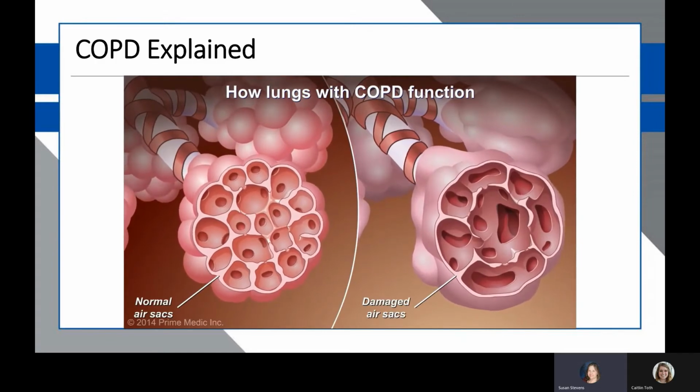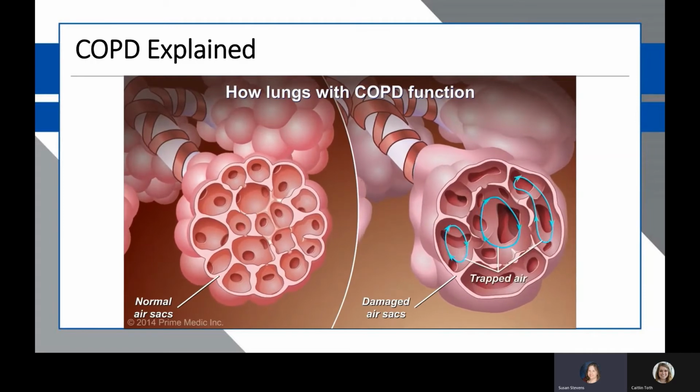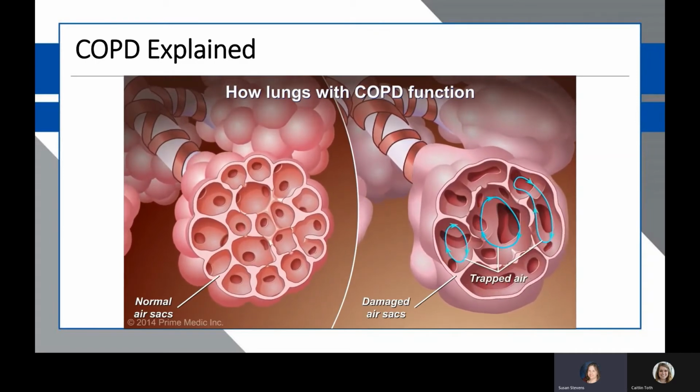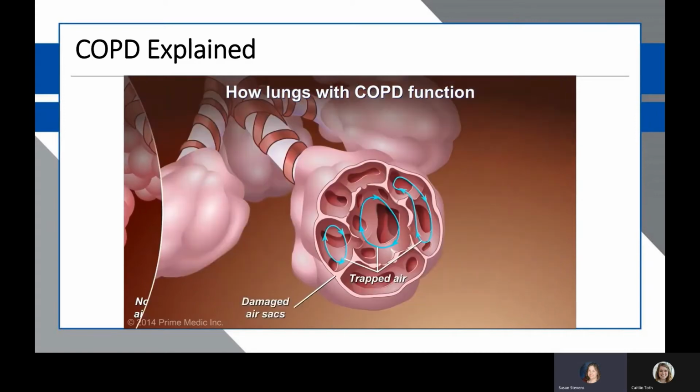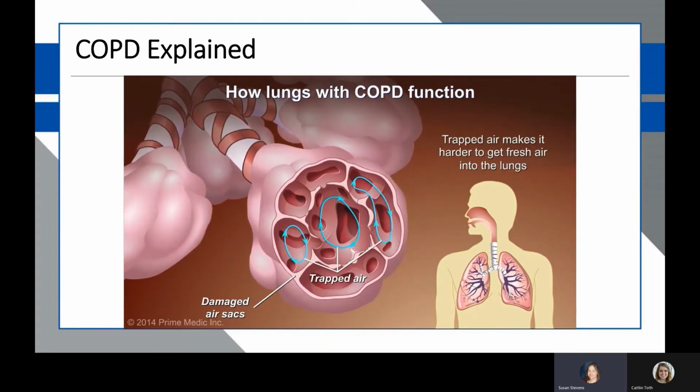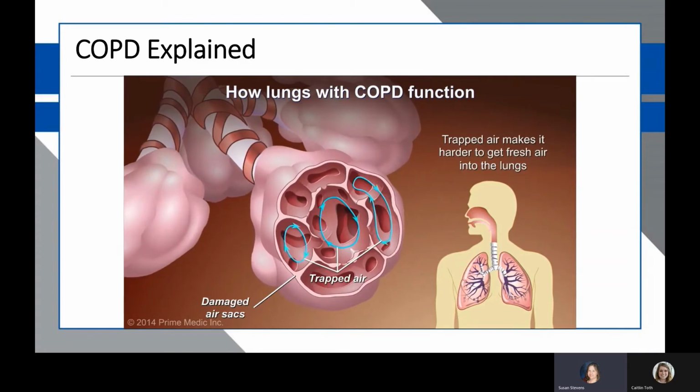The air sacs get floppy, broken, and lose their shape. As the air spaces get larger, air gets trapped, and there are fewer air sacs to supply oxygen to the blood. Because air is trapped in these air sacs, it is difficult for lungs with COPD to deflate like normal lungs. This trapped air makes it harder to get fresh air into the lungs and makes breathing more difficult.